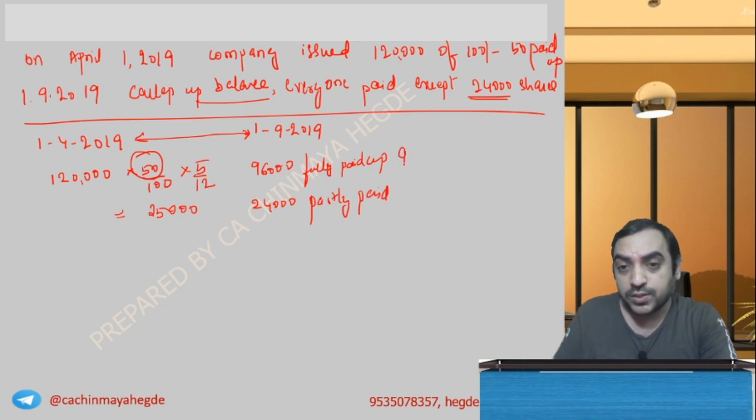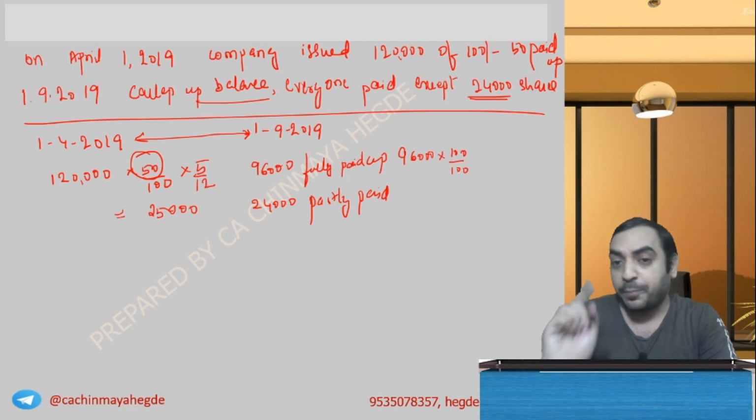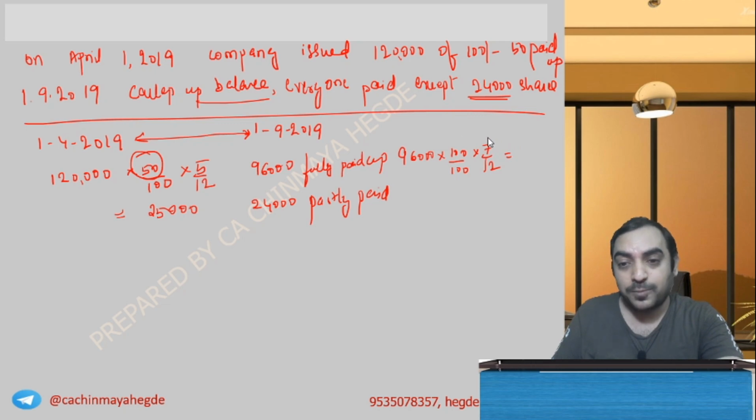So on 96,000 fully paid up 100, because first 50 was paid and now the balance 50 was paid, for a period of 7 months: 96,000 into 7 by 12 gives 56,000.